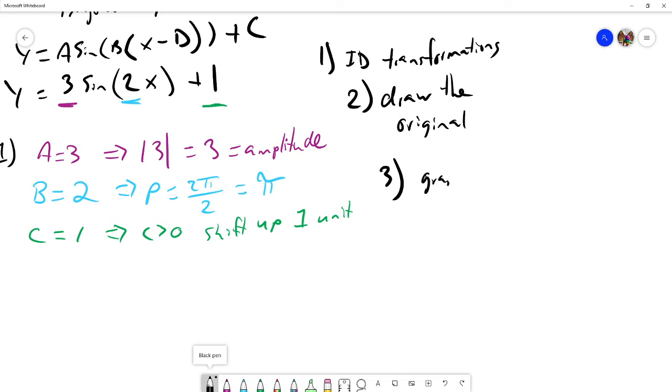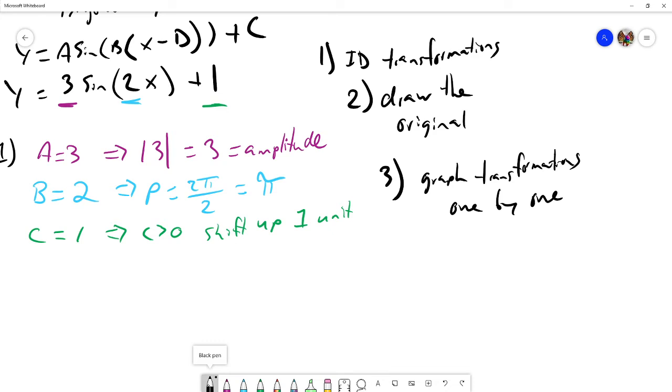So we're going to graph the transformations one by one, and we're going to do this by adjusting first the original graph, and then the graph with the first transformation taken into account, we're going to modify that with the next transformation. And then we'll take that curve and modify it with the next transformation. And as we go through this process, in the end, we'll have our completed graph.